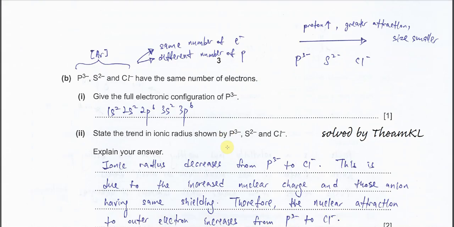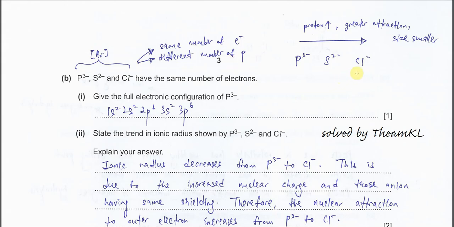For B, we now have 3 anions: phosphide, sulfide, and chloride. These 3 are in the same period, and phosphorus gains 3 electrons to form phosphide, sulfur gains 2 electrons to form sulfide, and chlorine gains 1 electron to form chloride. Now they have the same electron configuration, but different proton numbers.